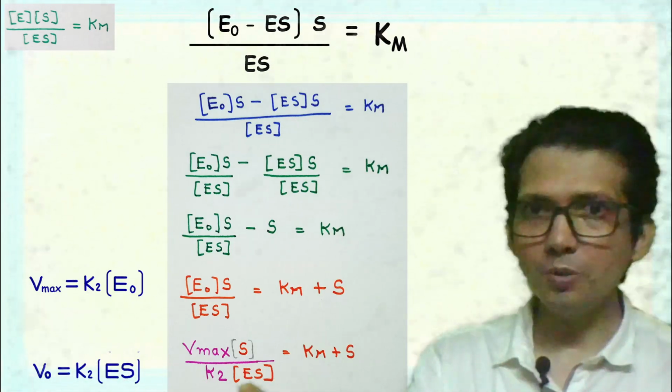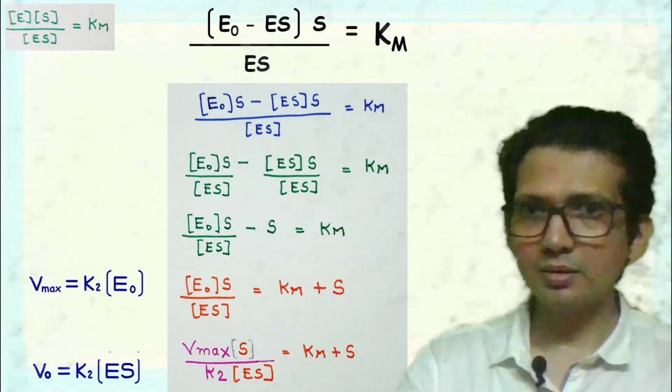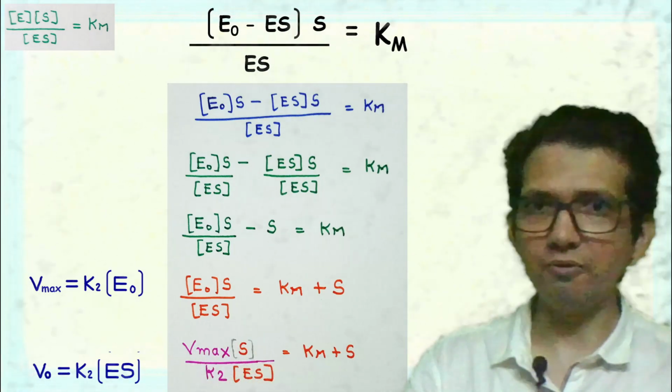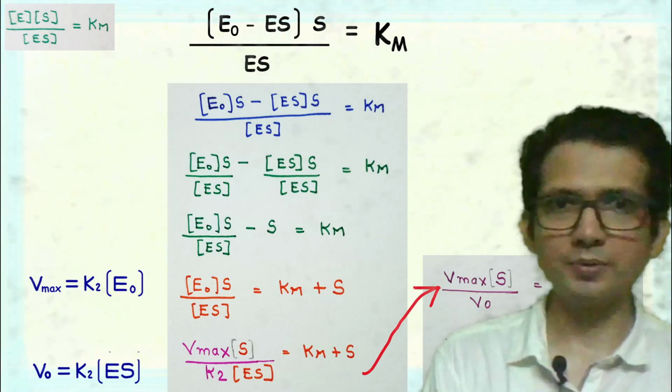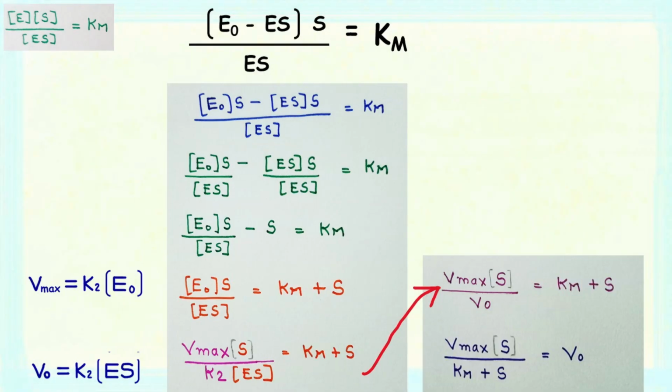So this whole part can be replaced by V0. So do not be afraid of this equation. It is extremely easy. Once you practice it, you can solve this equation in few minutes.